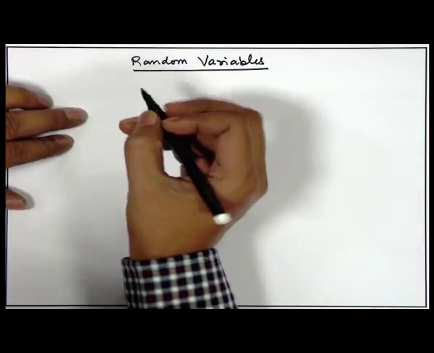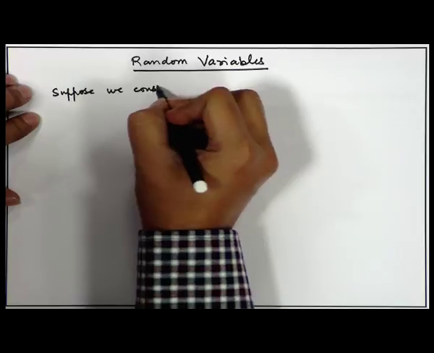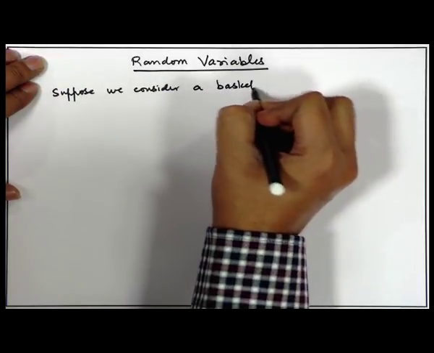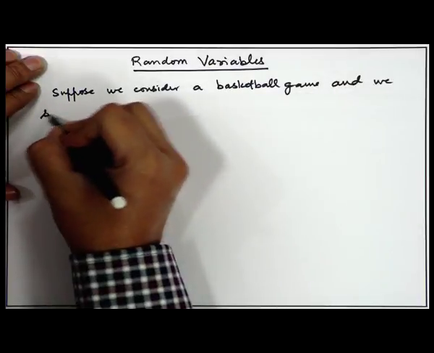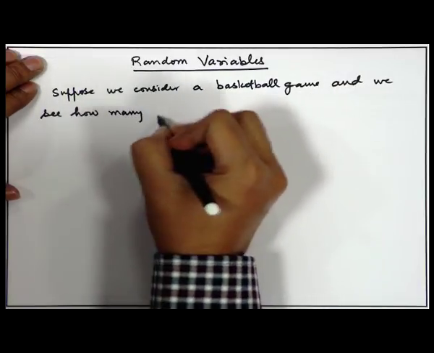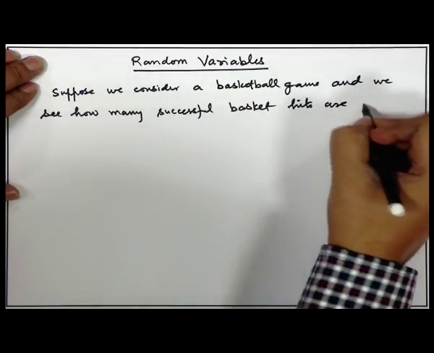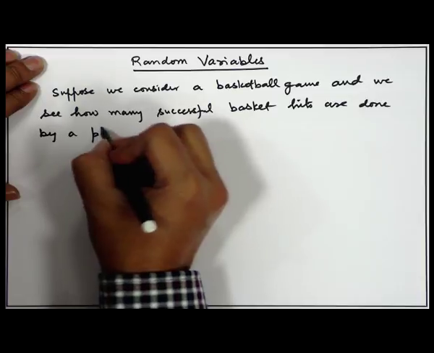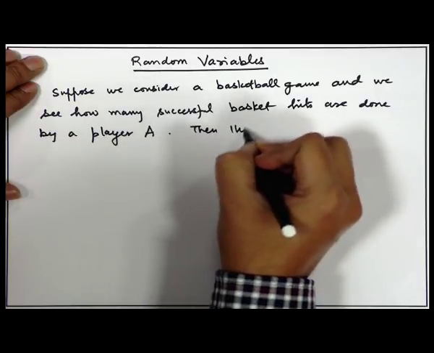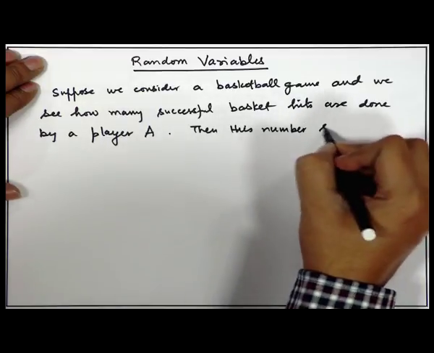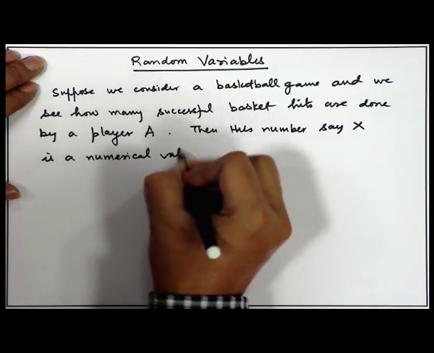Let us look at the simplest example. Suppose we consider a basketball game and we see how many successful basket hits are made by a player A. Then this number, say x, is a numerical valued variable.